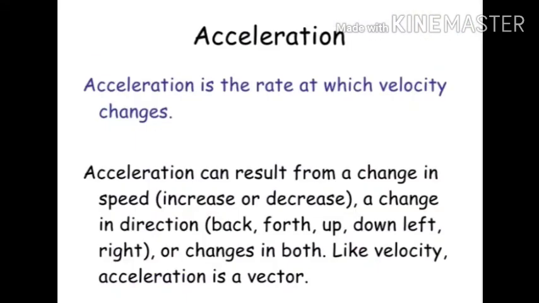So acceleration is the rate at which velocity changes. Acceleration can result from a change in speed, change in direction, or changes in both, and it is also a vector quantity like velocity.